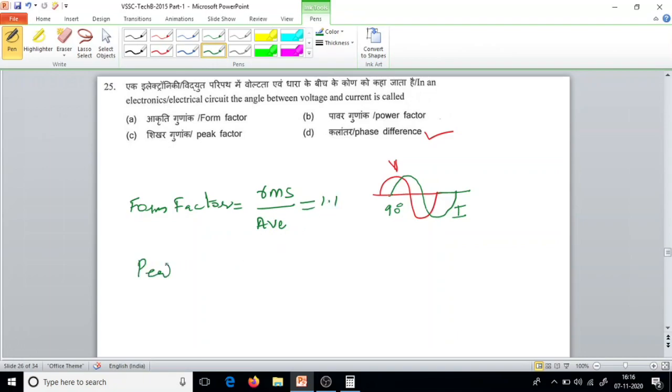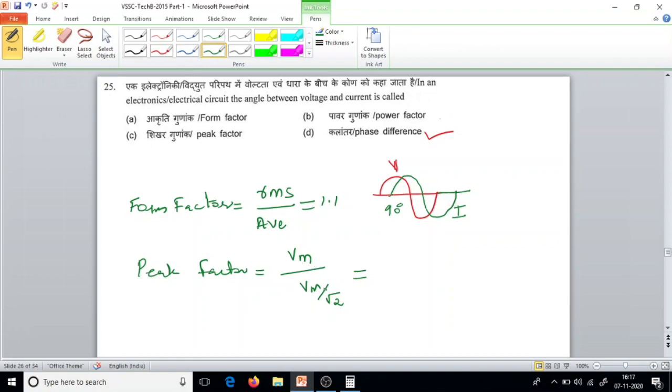Peak factor. What is peak factor? VM, that is the maximum value of AC, and VM divided by root 2 will give the RMS value.